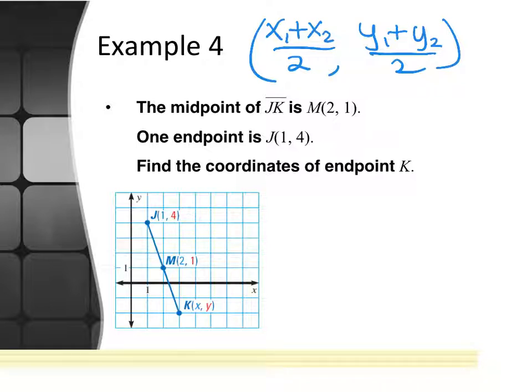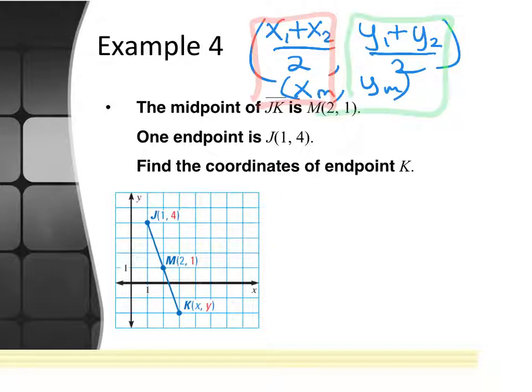Again, remember, this is giving you the x of the midpoint. This gives you the y of the midpoint. So I'm going to go ahead and basically work with two equations. I'm going to take this part and make an equation, and then this, and then plug in the numbers that I know.